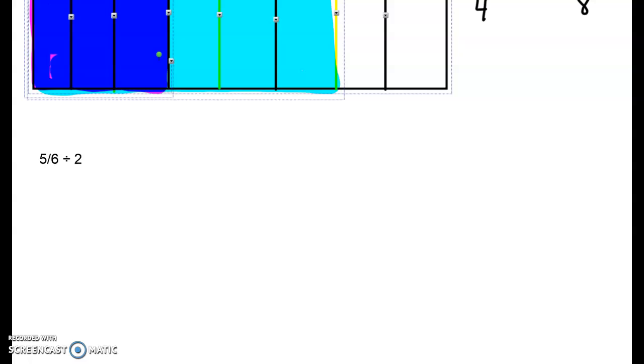All right, here's the next question. I want you to try to do this one on your own. So number 1, you're going to draw a whole, and then you're going to shade 5/6 of that whole. Then you're going to take the 5/6 and divide it in 2.